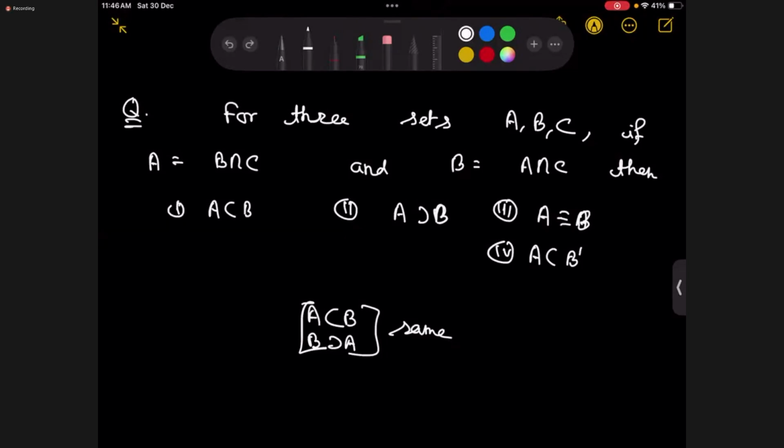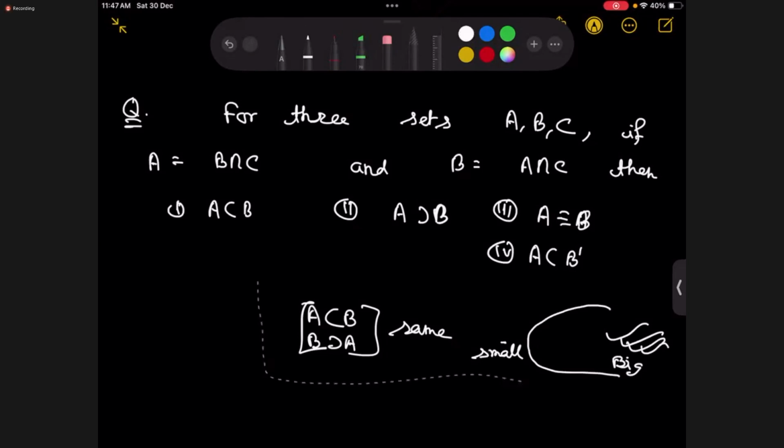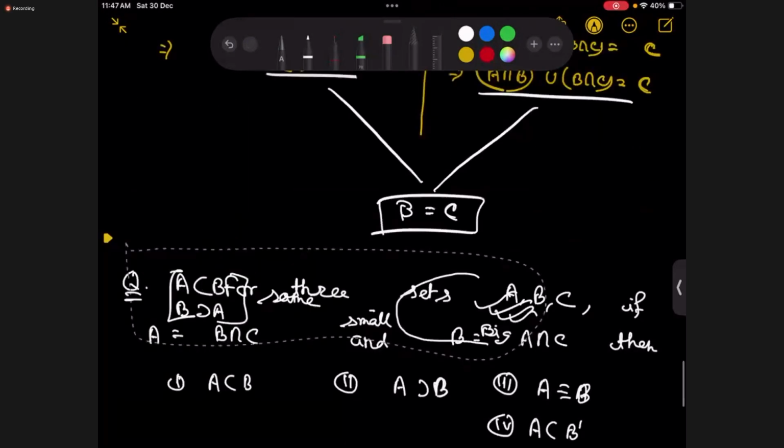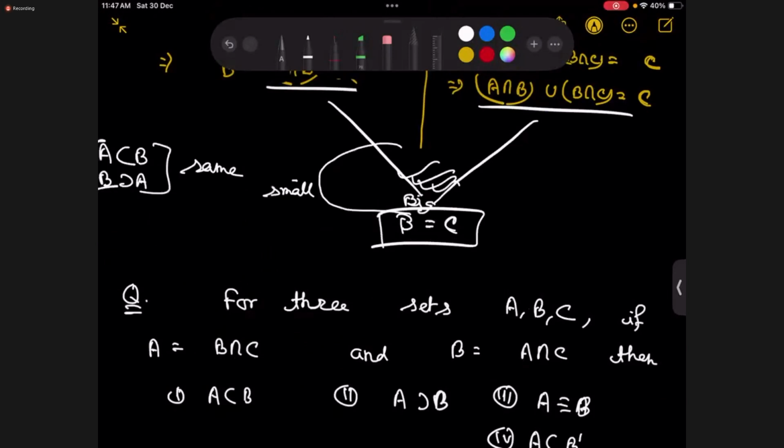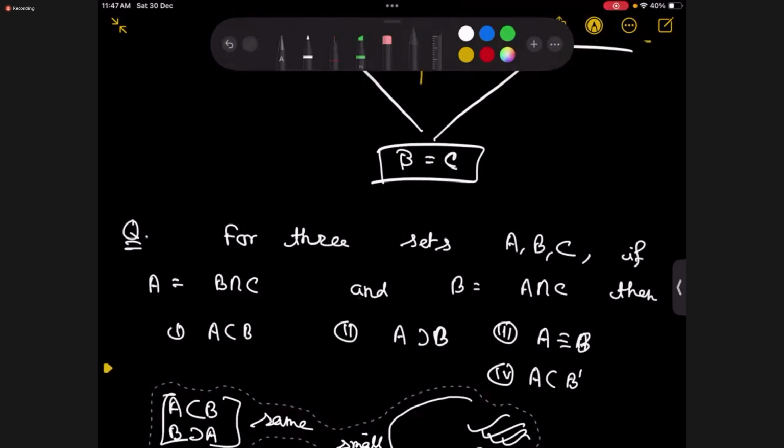So this is our notation for sets. The ones here are big, and the ones here are small. Keep this in mind, so it will be easy to understand which set is lying inside which set, and you can easily calculate all the other things.